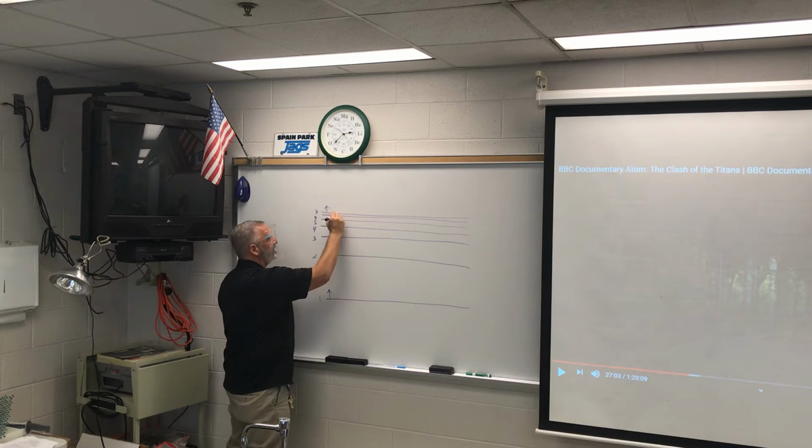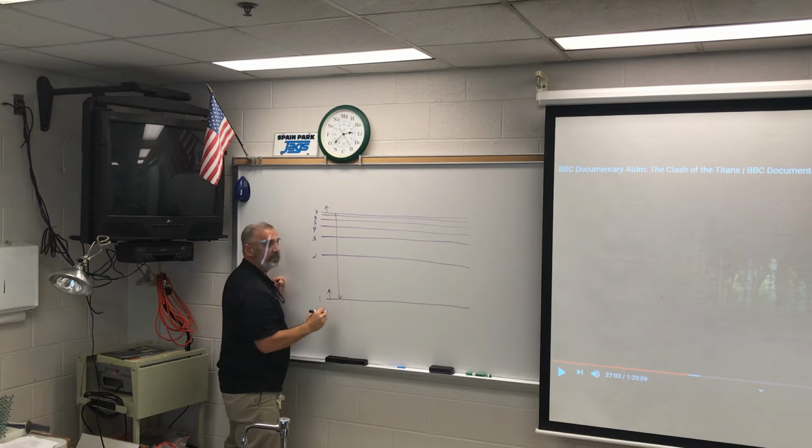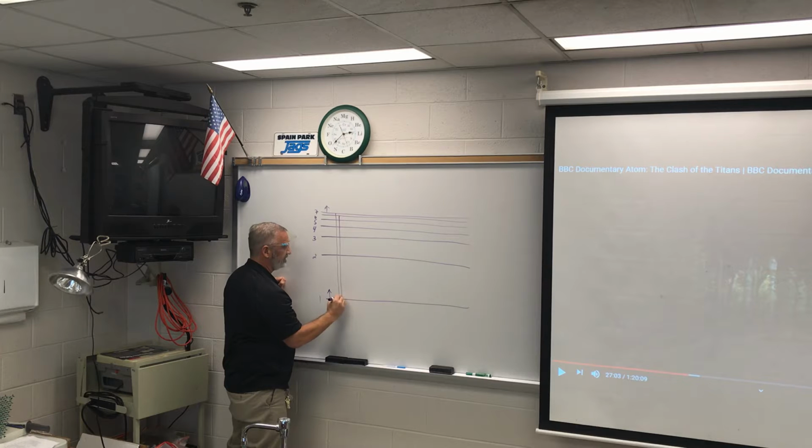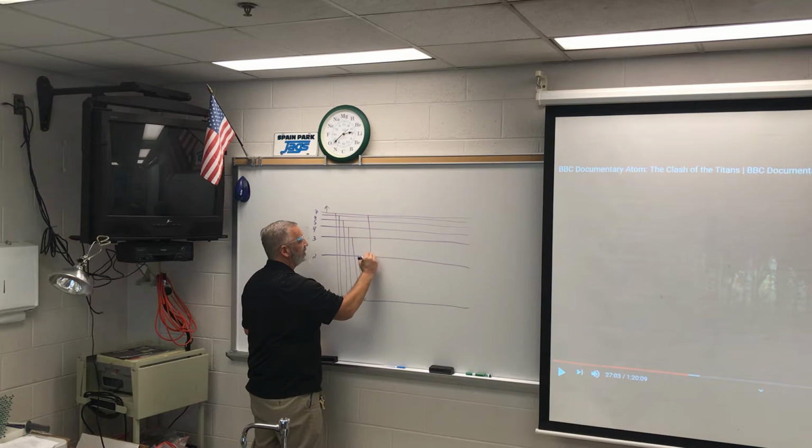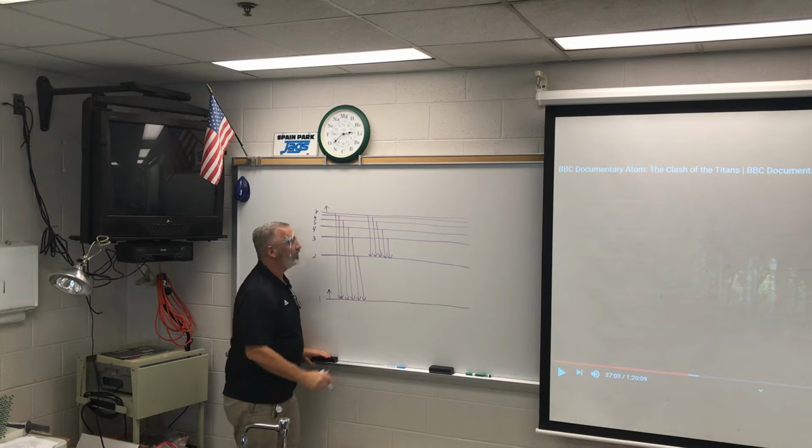It can go all the way 7 to 1. It can go 7 to 6, 6 to 1. It can go 7 to 5, 5 to 1. It can go 7 to 4, 4 to 1, 7 to 3, 3 to 1, 7 to 2, 2 to 1. Or it could go 7 to 2, 2 to 1, 6 to 2, 2 to 1, 5 to 2, 4 to 2, 3 to 2, and then down.